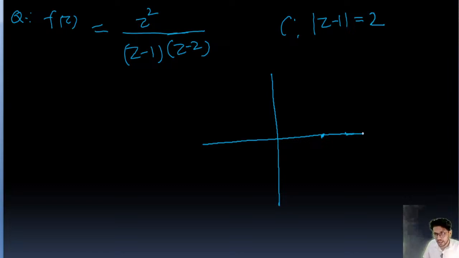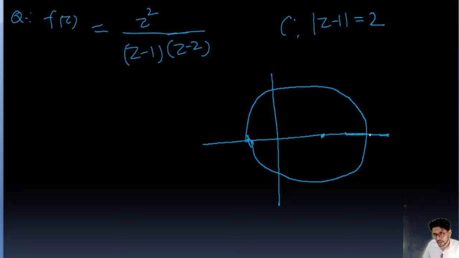So z equal to 1 is the center, right? So this is going to be a circle, guys. It is not looking like a circle, but it is a circle. Consider this circle.